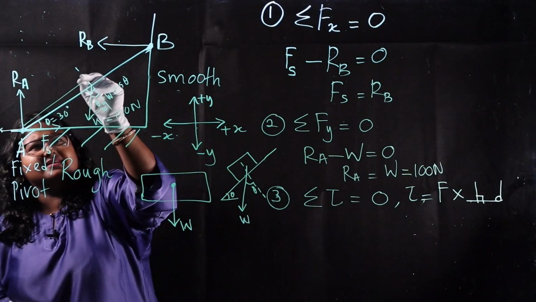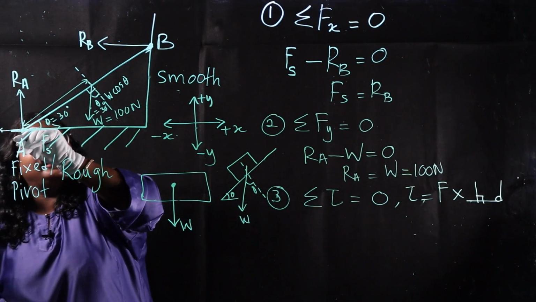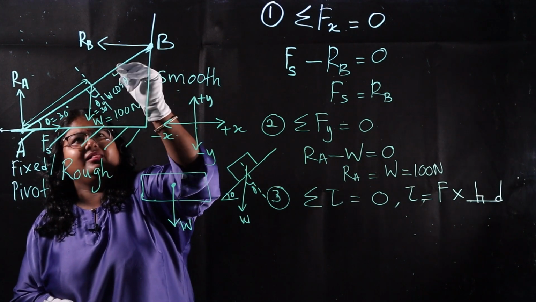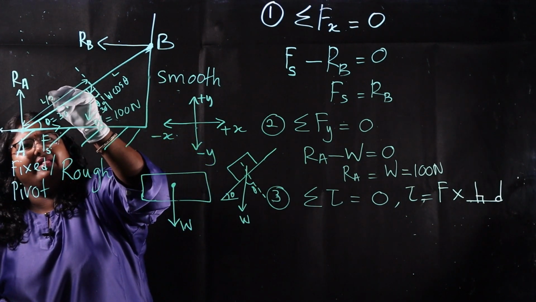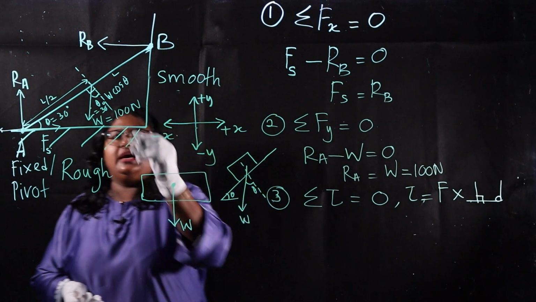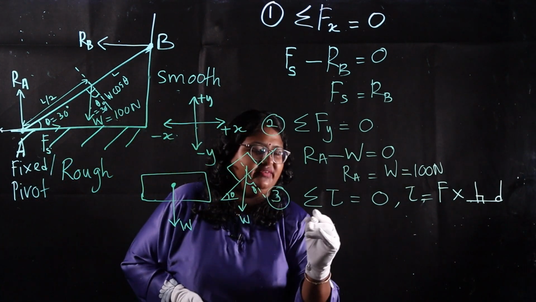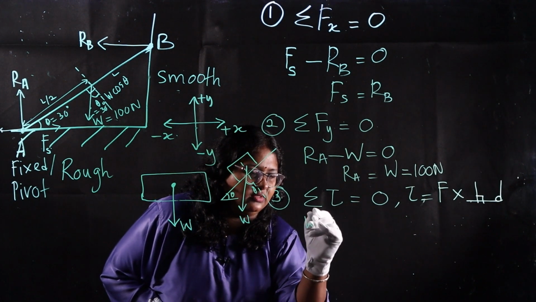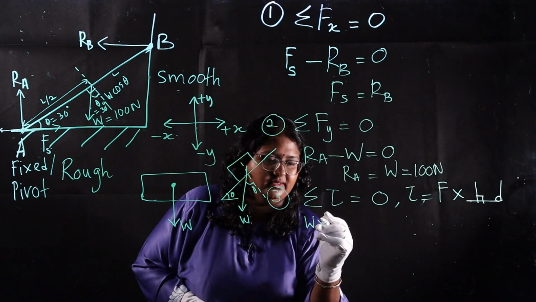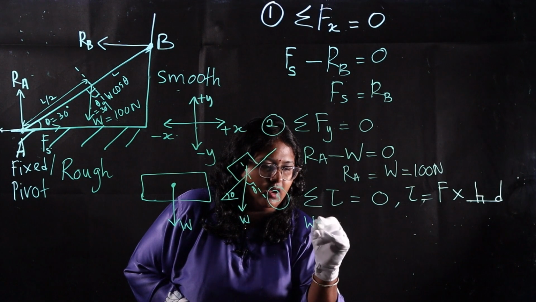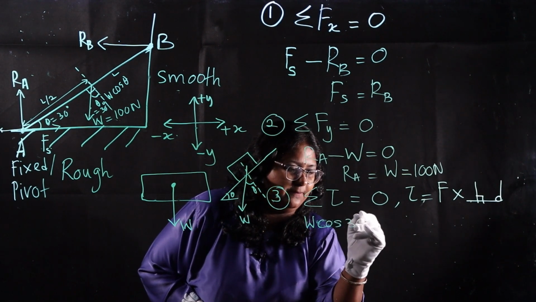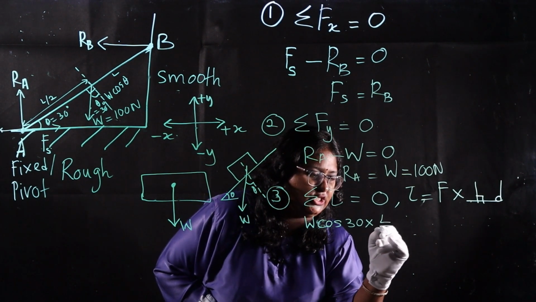How much is this distance? If the length of the ladder is L, this will be half L. So now we have force and distance, so we can find W cos 30 times L over 2.